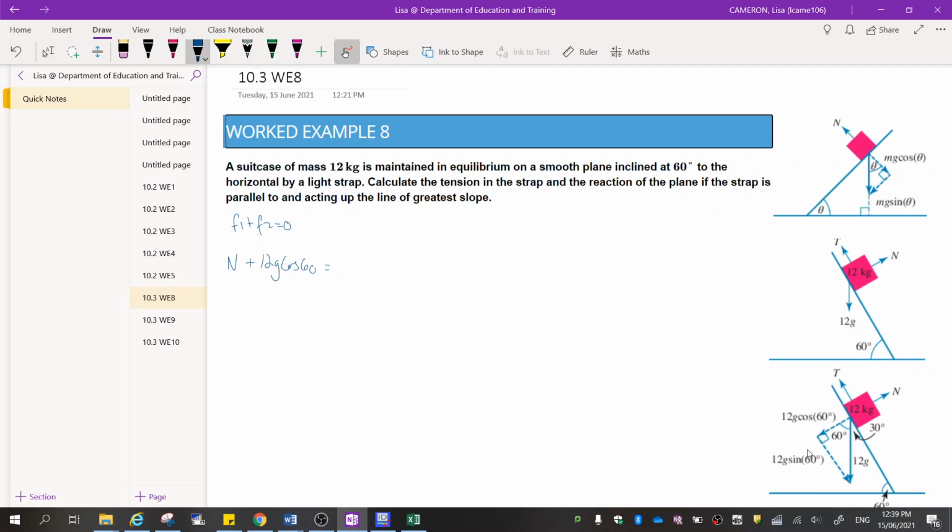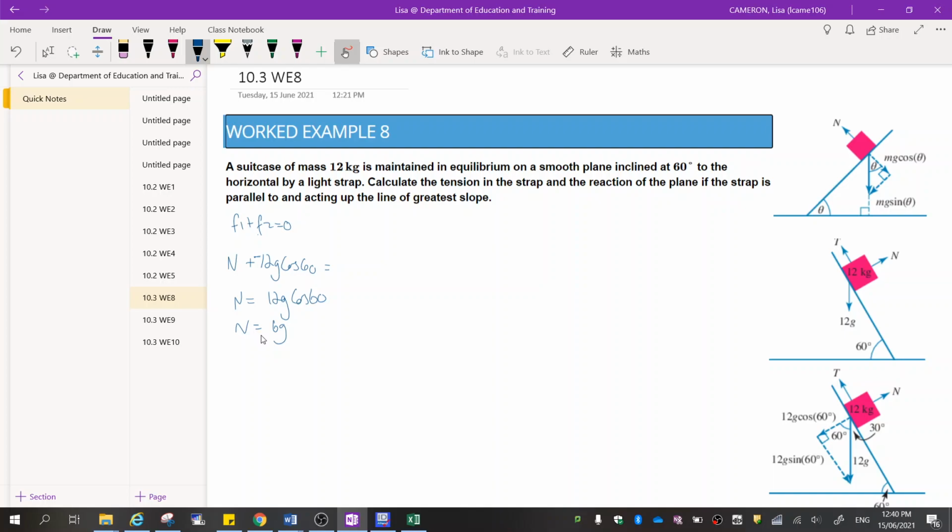Now, it's going in the negative direction, which is why instead of being a positive, it's going to be a negative. So that's going to give me that N is equal to 12G cos 60. We can simplify this further using our exact values. So cos of 60 degrees is a half. So a half times 12G will give me 6G for our normal reaction.